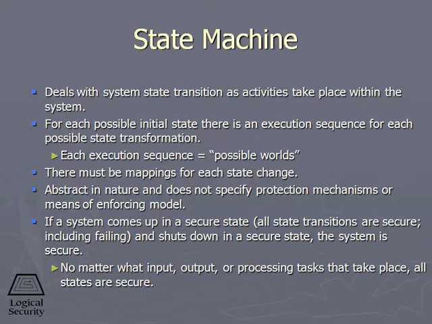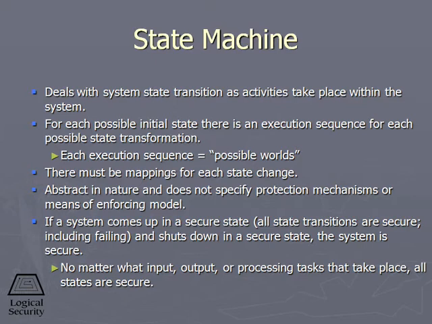And the state machine further says that in order for us to implement security in any manner on a system that is maintaining our valuable information assets, we have to ensure that the last two bullets here hold: if a machine comes up in a secure state and all state transitions are secure, including devices and programs that fail, and if the machine can also shut down in a secure state, then the system will remain secure.